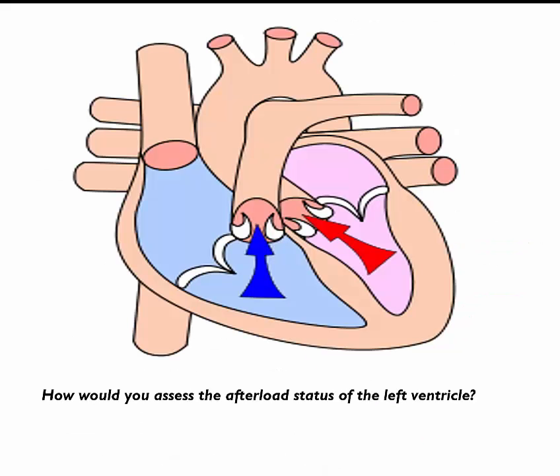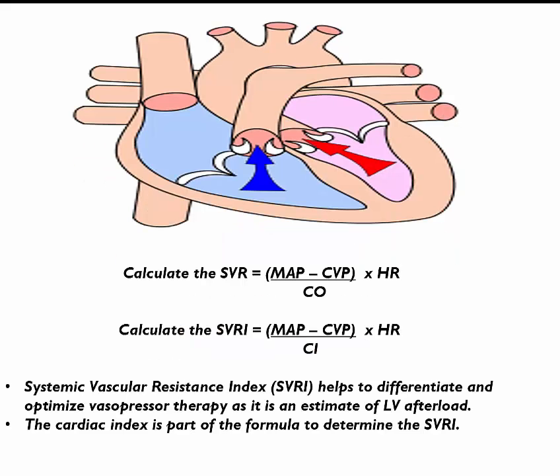How would you assess the afterload status of the left ventricle? Calculate the systemic vascular resistance and the systemic vascular resistance index. The SVRI helps to differentiate and optimize vasopressor therapy as it is an estimate of left ventricular afterload. The cardiac index is part of the formula to determine the SVRI.